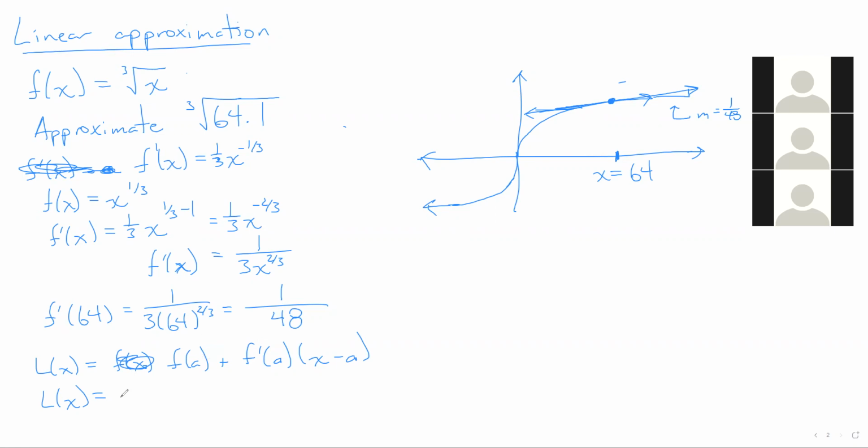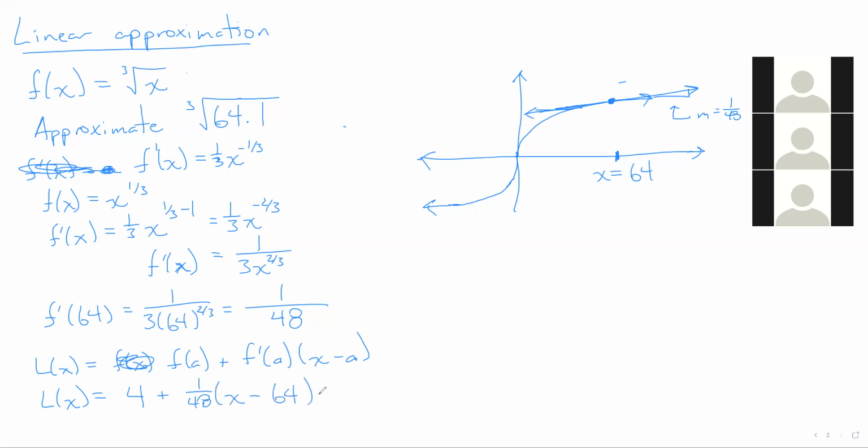So what is f of a? Four, right? How'd you get that? Cube root of 64. Right, so f of 64. Yeah, cube root of 64 is 4. We just found f prime of a as 1/48. And then a is 64.